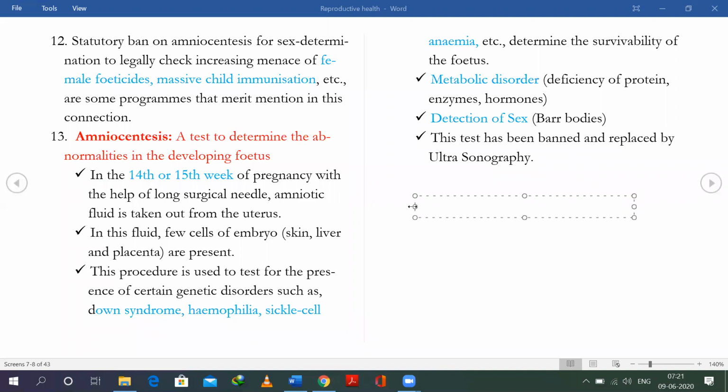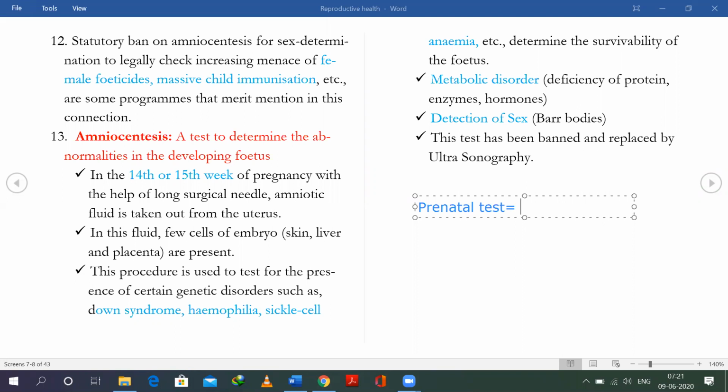So this amniocentesis is a prenatal test. And why is it conducted?